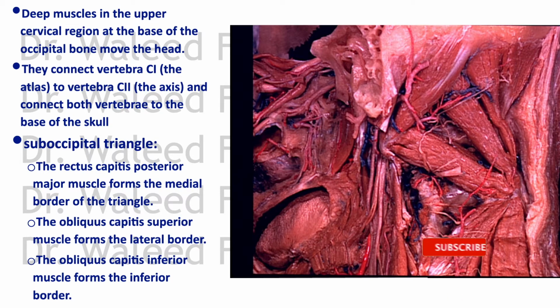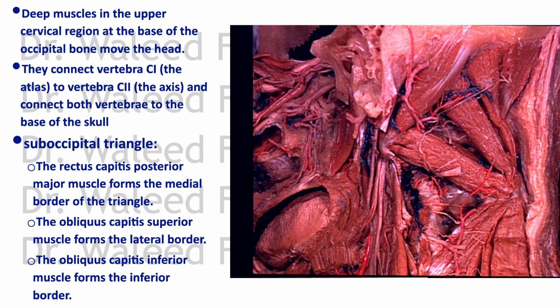The part of the back region is the back of the neck, and the muscles of the back you will study later that they are divided into groups, superficial and deep groups.